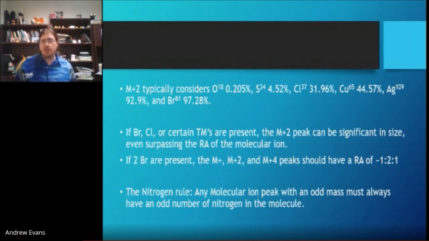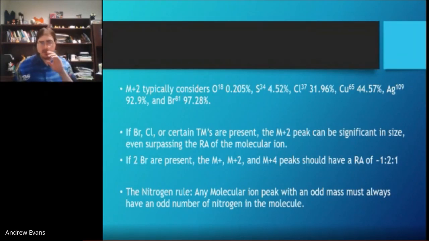Each nitrogen compound is typically an odd number. So ammonia, which is NH3, has a molar mass of 17. If I took trimethylamine, you're adding 3 methyl groups, each 15: 30, 45, and 45 plus 14 would be 59, still odd.